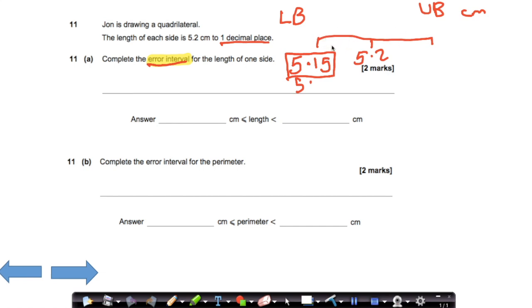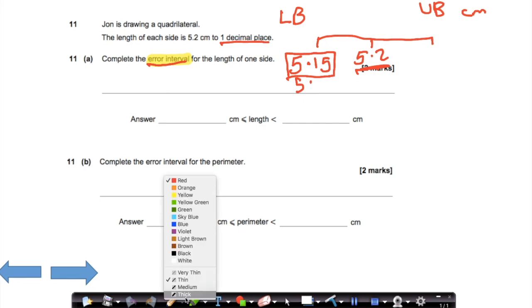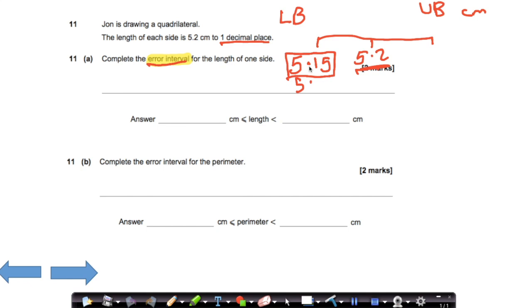With bounds, it doesn't work that you think, okay, then what is the highest number that would have rounded to 1 decimal place to make 5.2? That's where we're different. We're not dealing with a subject called rounding, we're dealing with a subject called bounds, and for bounds, you need to think, well, the distance I went from 5.15 to 5.2 is the same distance as I go above 5.2 to find my higher upper bound.